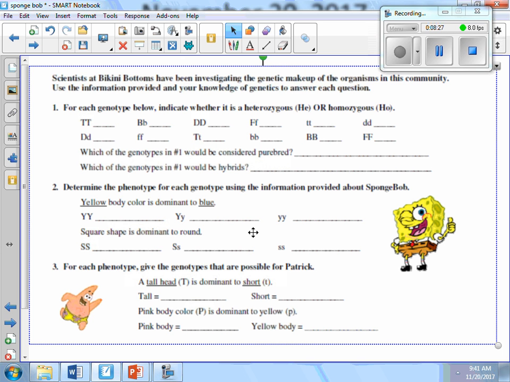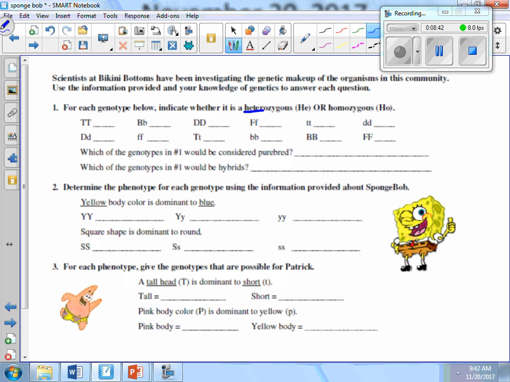Use the information provided and your knowledge of genetics to answer each question. For each genotype, please indicate whether or not it's heterozygous or homozygous. You can't fit the whole word in here, so you're going to abbreviate. Adriana, what does heterozygous mean? Yes, they're different genes. What does homozygous mean? They're the same. So you're looking for differences versus the same.